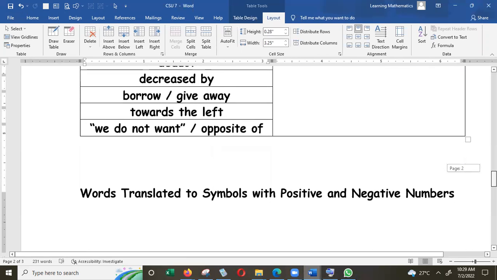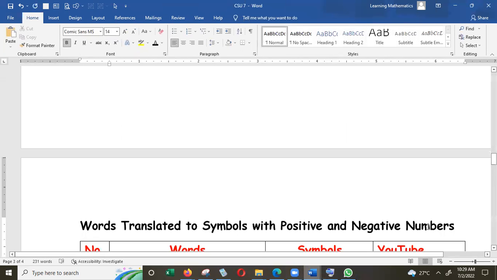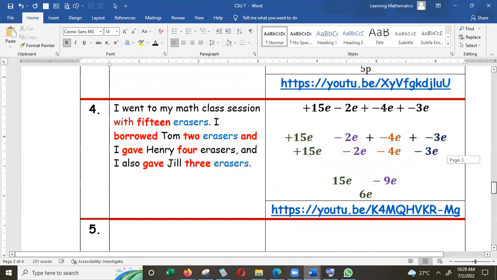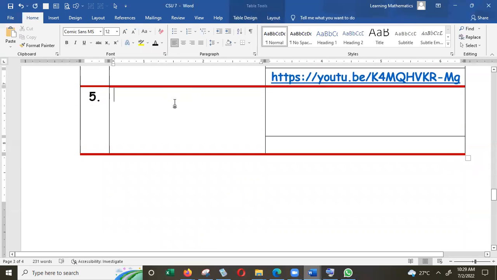Now, here we are going to add another example of words translated to symbols with positive and negative numbers. We have dealt with about 4 of them already, going to a 5th one. Let's outline a scenario.